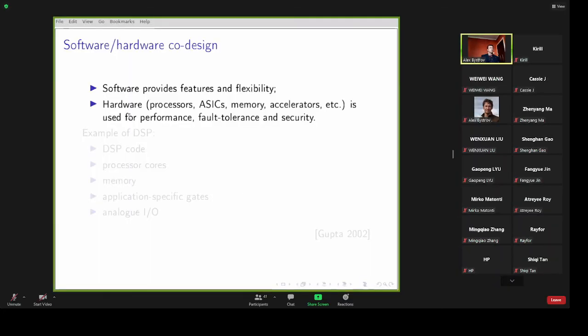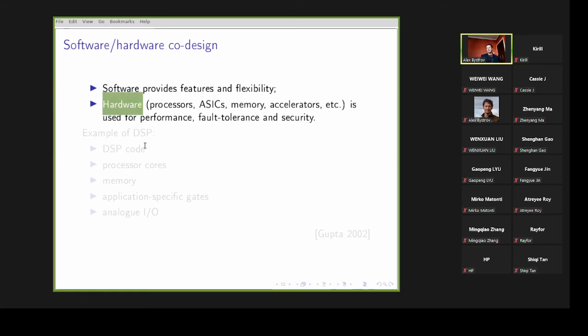So back to here. These implementations, software and hardware, provide absolutely different metrics, different features. Software is hugely flexible. You change the program, it becomes a completely different function. Huge amounts of features are possible there, but it's quite slow, energy hungry, not much you can do on the battery and so on.